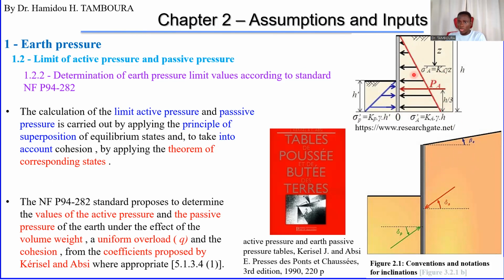The force acting on the wall is called active pressure, A for active, because the soil is acting on the wall. The passive pressure is because this one is actually retaining the wall.